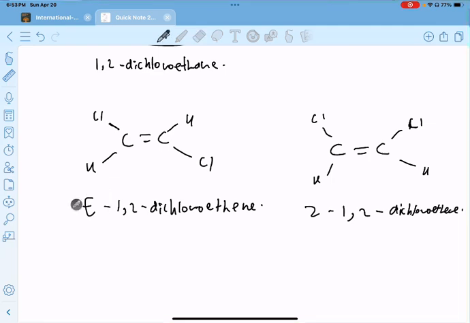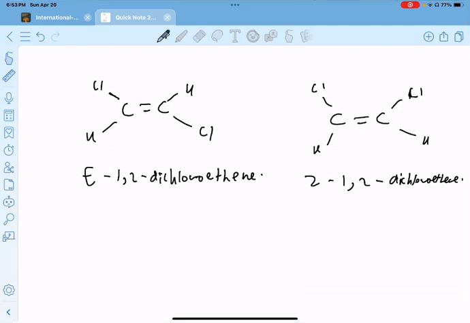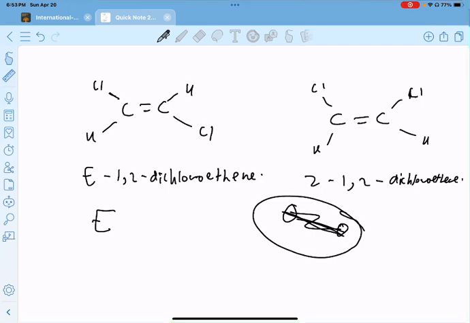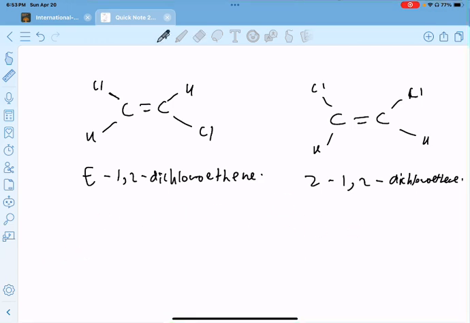Now, how do we remember which is which? E and Z. These are all tricks to try and remember this so that you don't confuse it in the exam. Z literally looks like it's on opposite ends, so in my mind I add an opposite rule and switch it in my head.